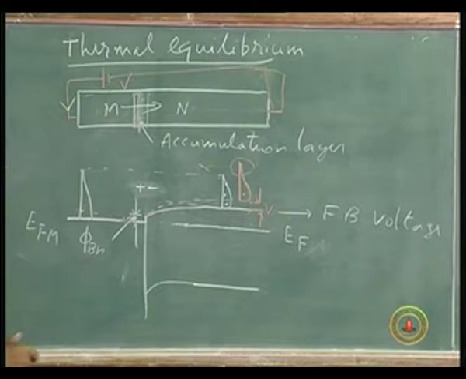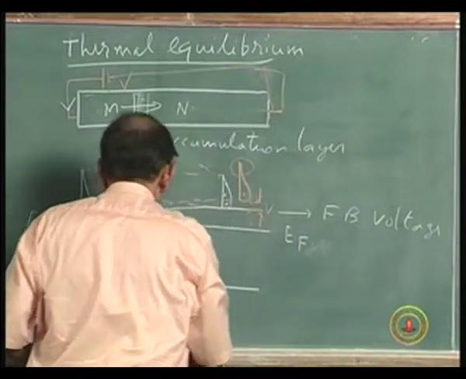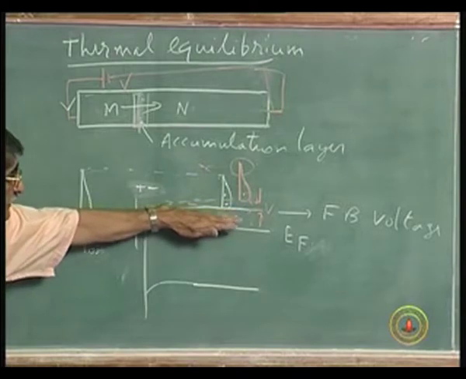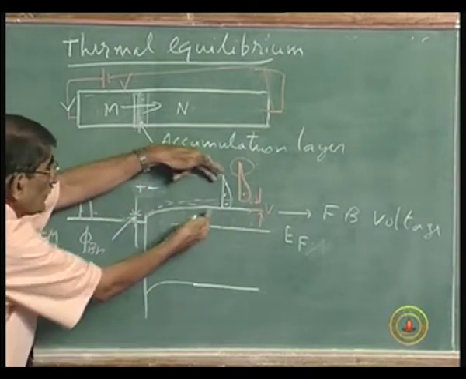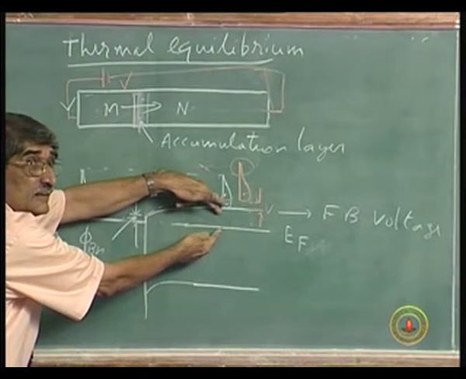I do not know whether I can draw it on the same diagram. I will not draw it, I will just show that to you. This level will come down, that means this whole thing will come down depending upon how much reverse bias.